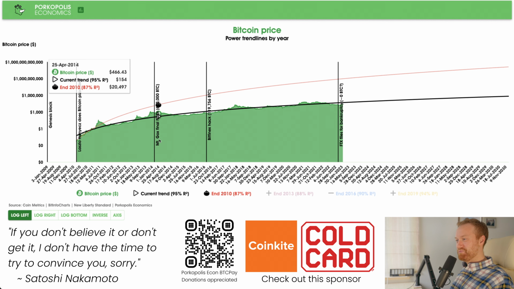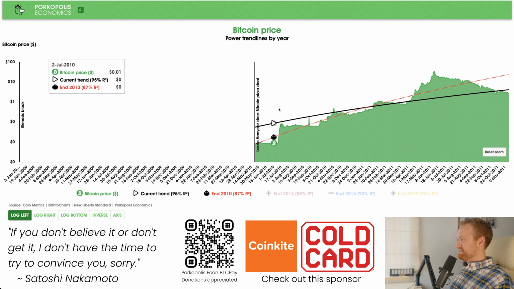Big numbers, big numbers. I have this trolling tomato here just to show that it's a fun number. We can see, let's even zoom in to a little bit of 2011. Here was the first actual Mt. Gox hack. We went to over $30 in June 2011. Then we fell back consistently for the next year.